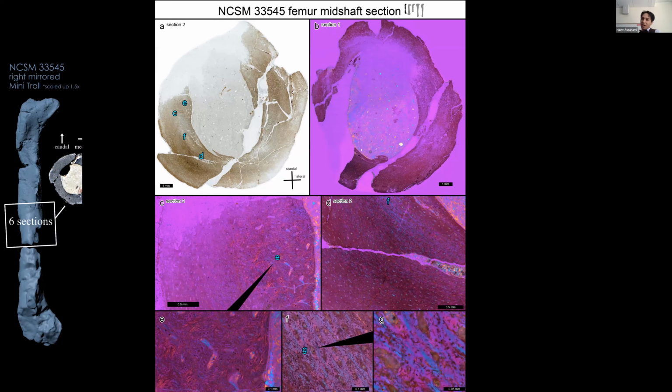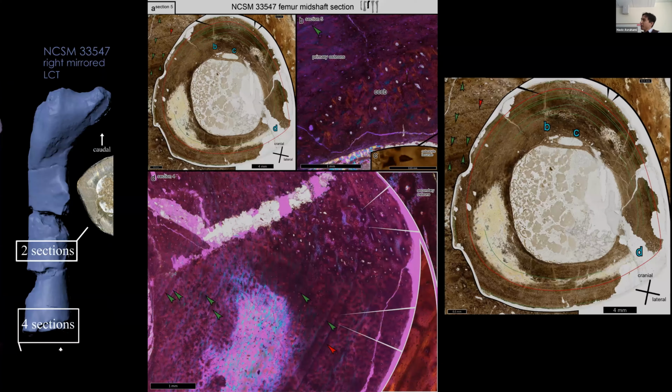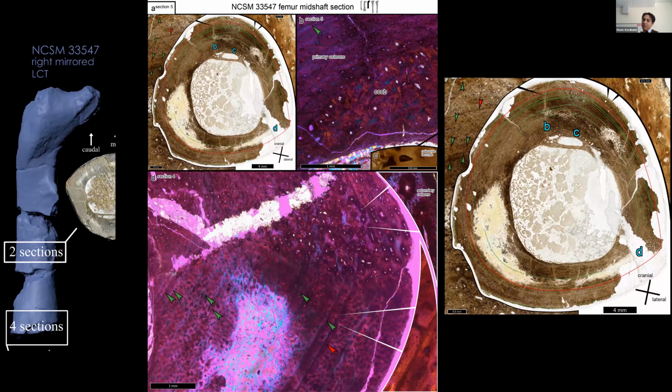So here's the smallest femur of Phona that is known from the mini-troll locality, and it shows no cyclical growth marks, and it bears bone tissue that's indicative of rapid growth, indicating an individual that is probably under a year of age. Here is the femur from the last chance therodromine quarry, with lots of growth marks throughout the cortex. The growth marks, specifically what I'm talking about, are those red and green arrows in the window to the right.